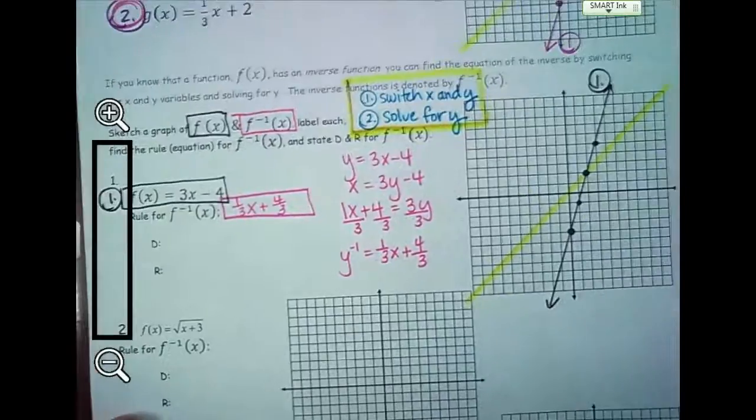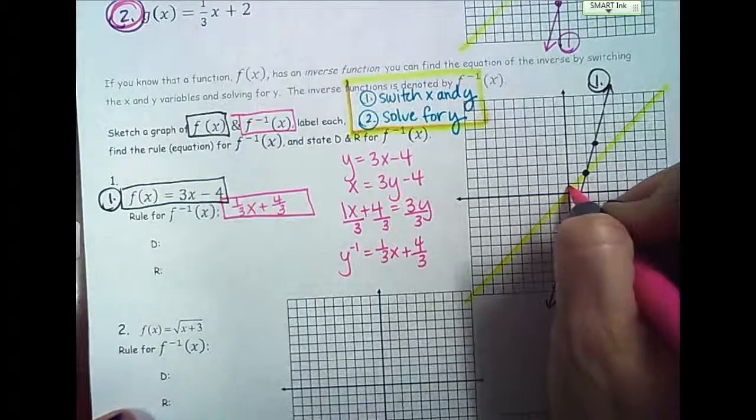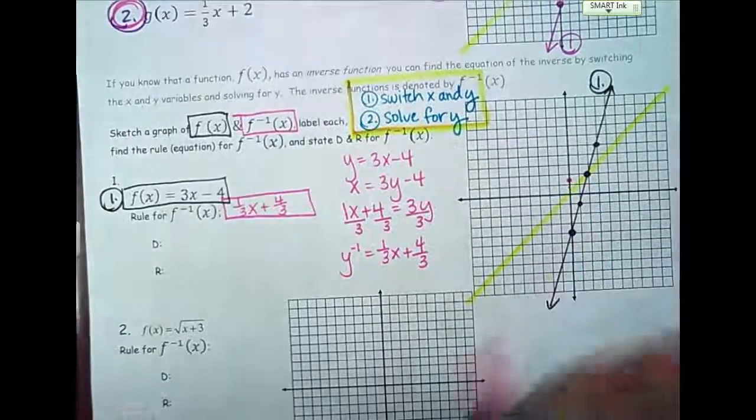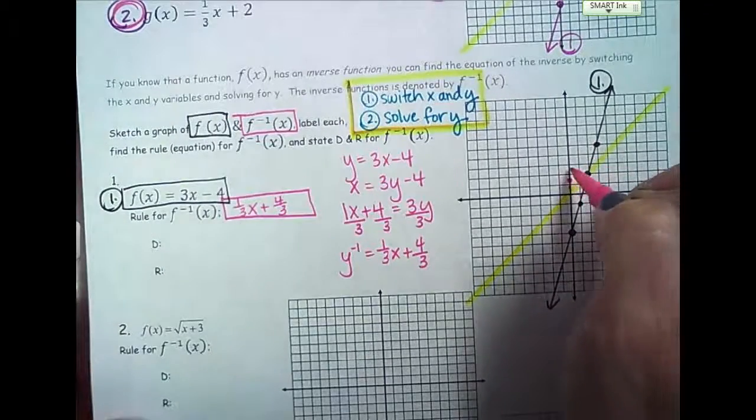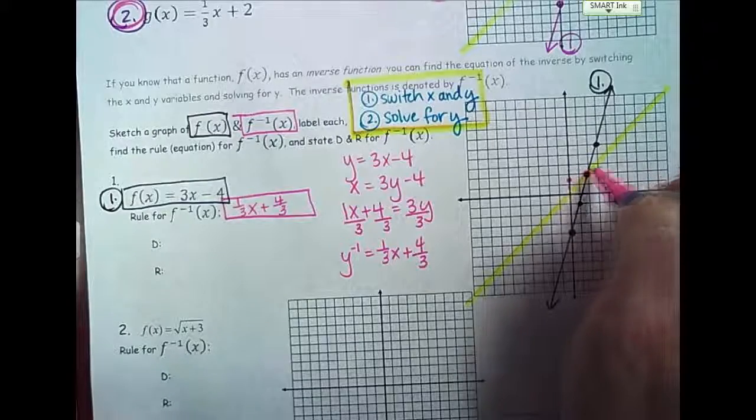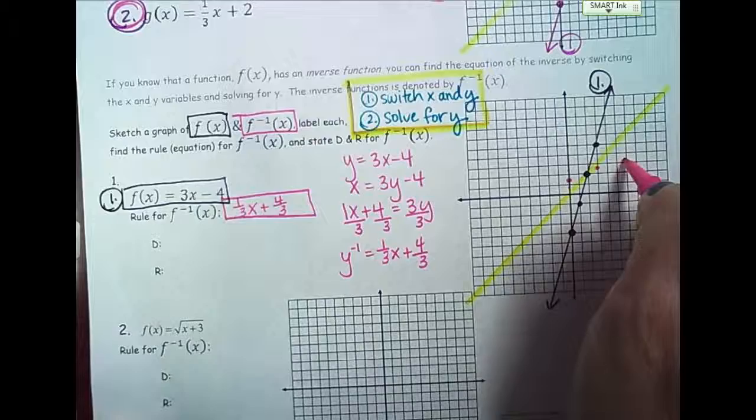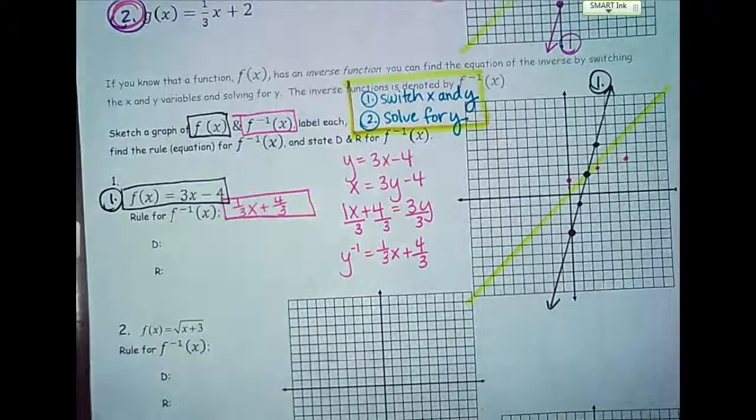I'm going to start a tiny bit over 1. And I'm going to hop up 1, and I'm going to hop right 3. Hop up 1, right 3. So if I'm already kind of a little bit above, you just hop a little bit above. And draw your line.